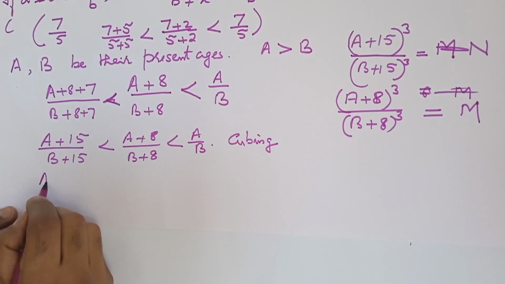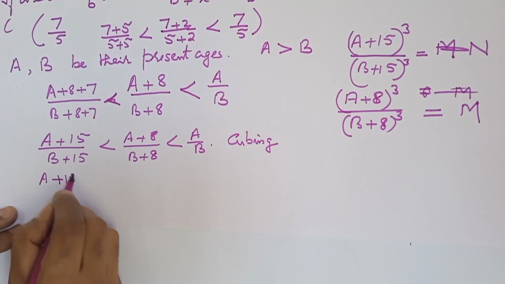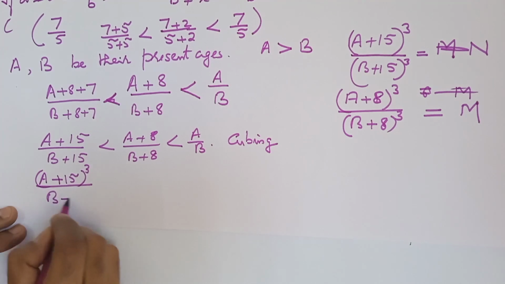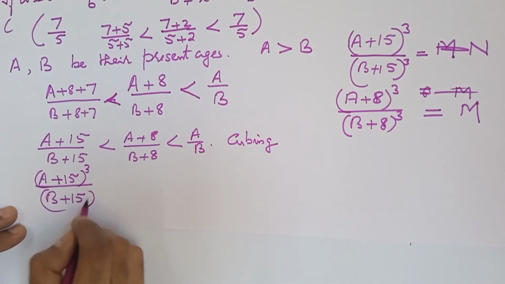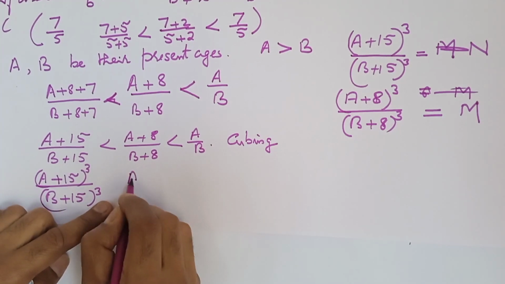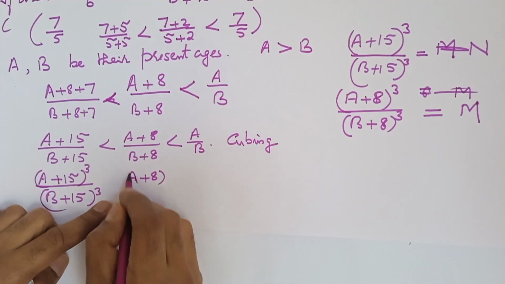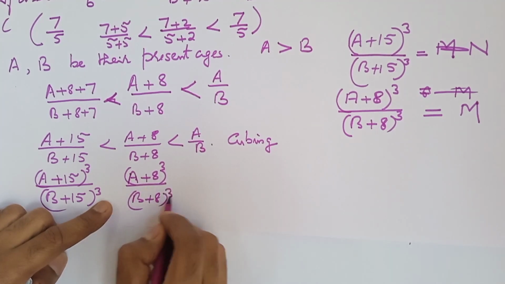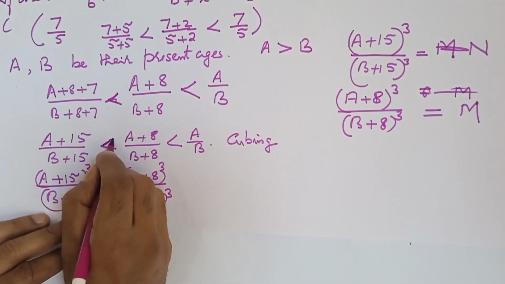You will have A plus 15 cubed by B plus 15 cubed, and will the inequality change?